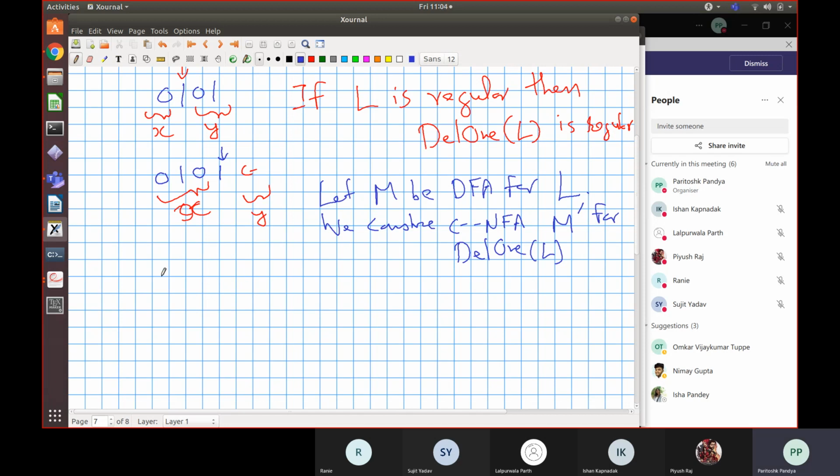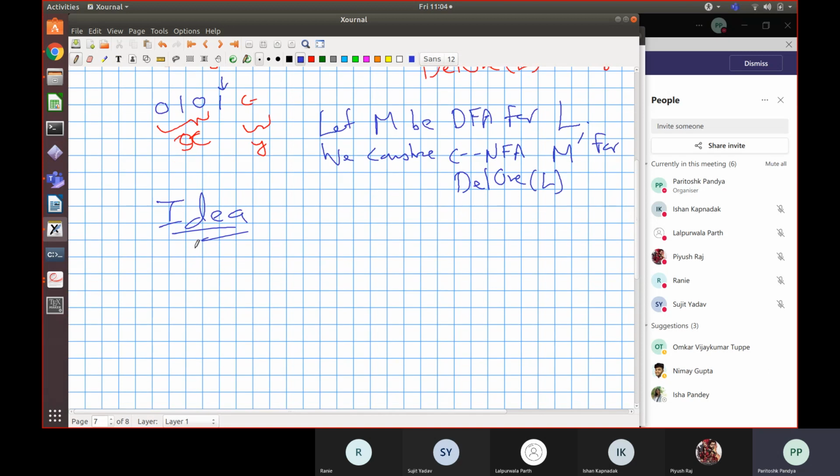So the idea is the following, and very often you have to only express the idea. Take the original automaton as it was, it has a set of states Q, and some transitions inside. Maybe this is on 0, this is on 0, this is on 1.